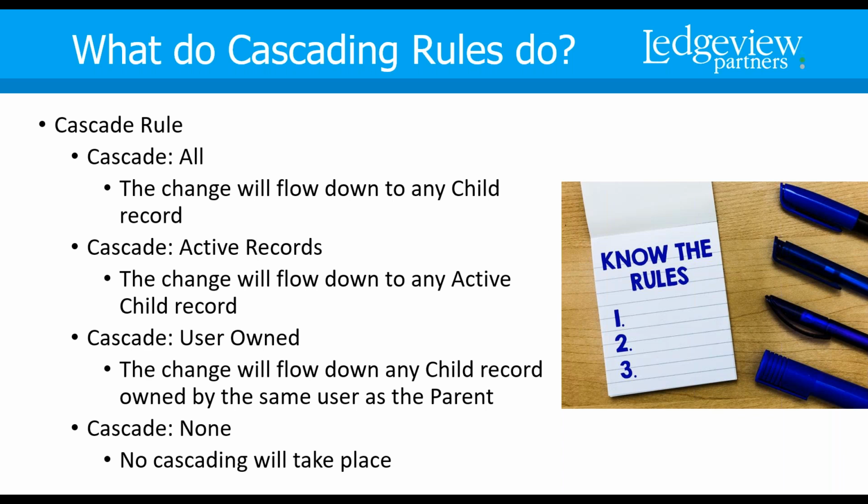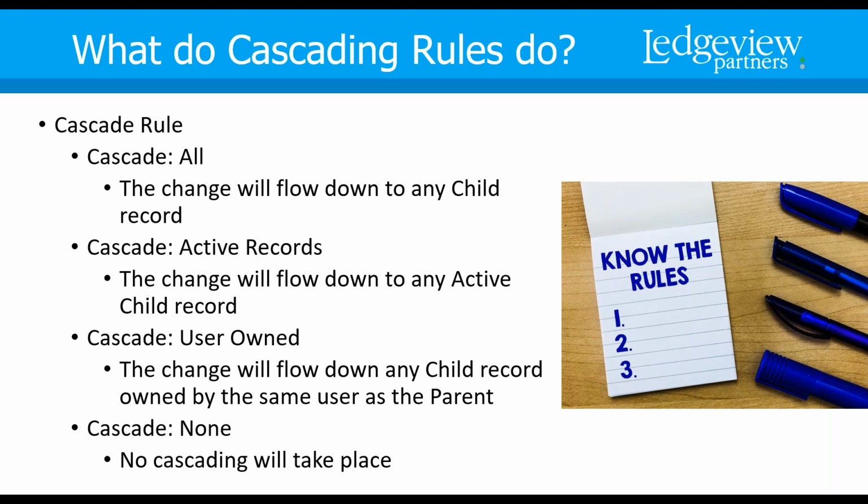Okay, cascade user owned. This would really apply to a share or unshare. If I share Mike's truck stop with someone, it's only going to share the child records that are also owned by me. Cascade none, that means cascading is not going to take place.